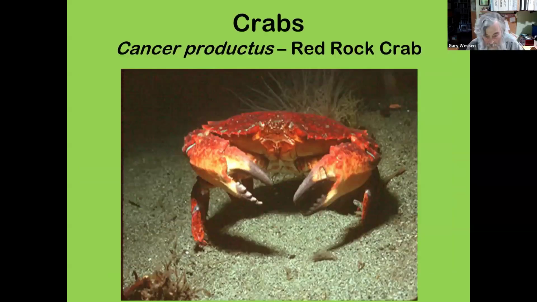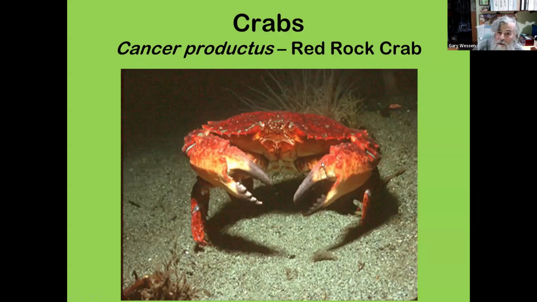Okay, crabs. Ozette has 4 different types of crabs represented. It's not unusual for at least 2 or 3 kinds of crabs to be represented in a site. Unfortunately, the way that most crabs are butchered to be consumed leaves only little tiny pieces that are hard to identify, but the claw tips on the big pincers are pretty dense.